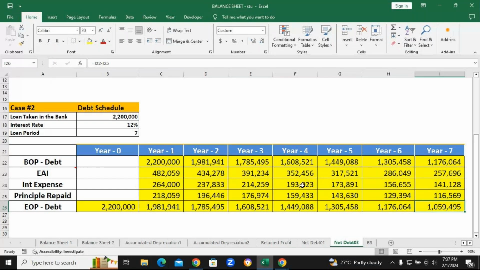Something is going wrong here. At the end of the period, it should actually be 0.